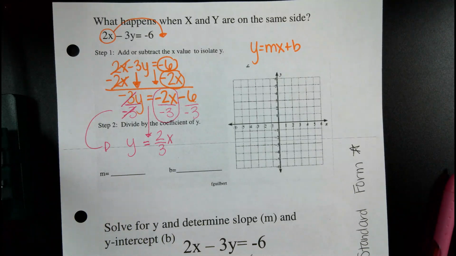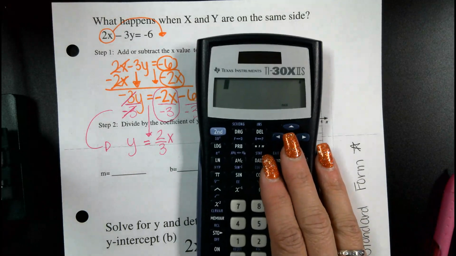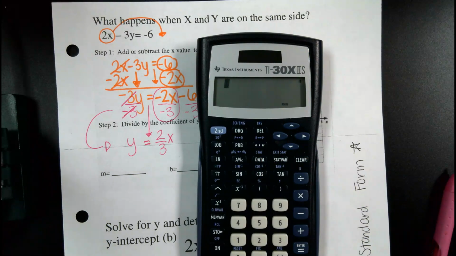You would type in to your calculator. You never want to use the signs on your calculator, by the way. Okay, so on the calculator, you don't ever really want to type in the signs when you're trying to see if it reduces. We already know that it's going to turn positive, so we don't have to worry about that.